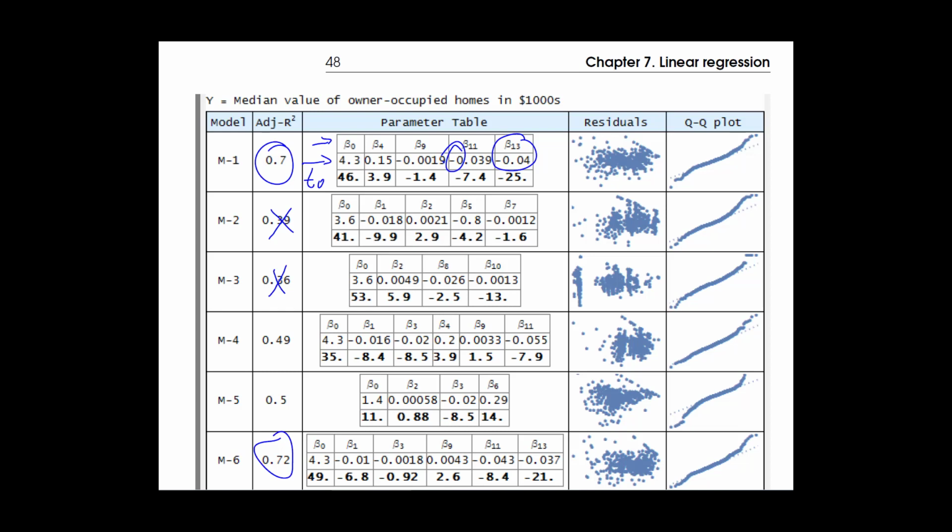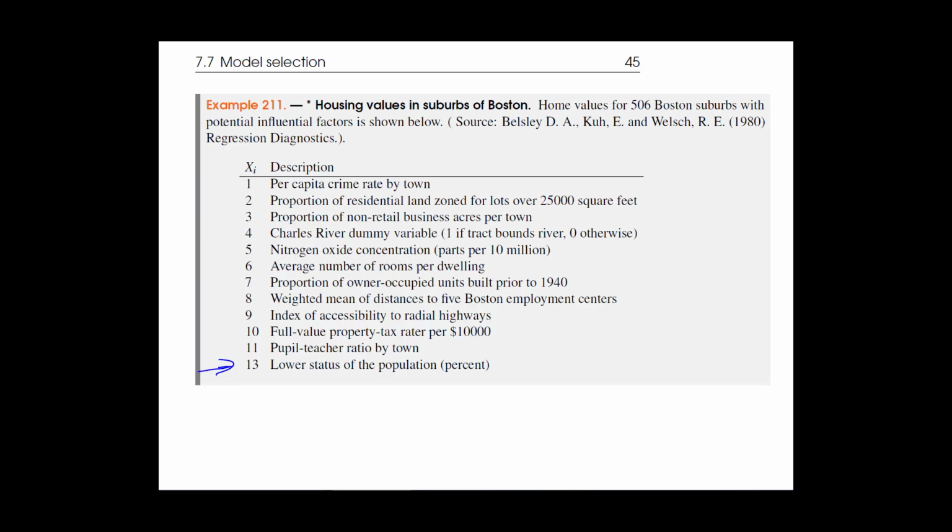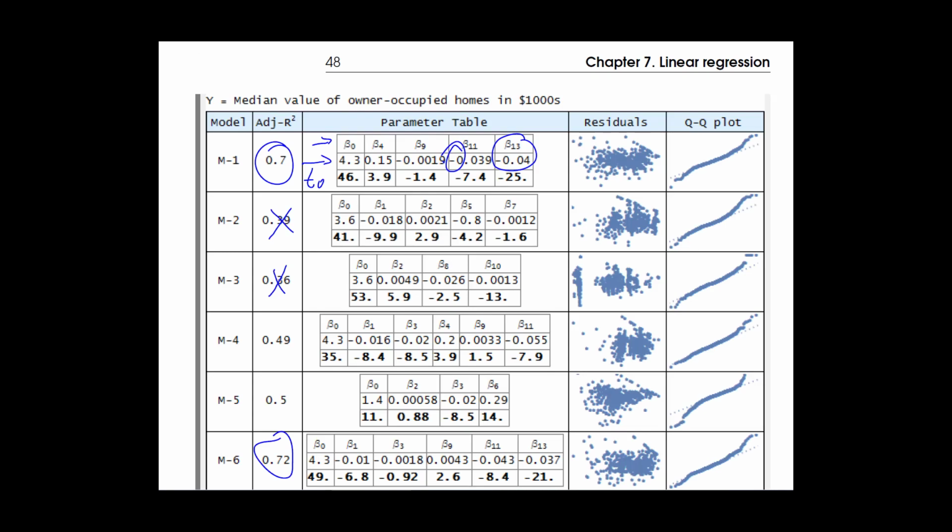Wait, is it teacher-pupil or pupil-teacher? Pupil-teacher. Oh yeah, I got it wrong. It's pupil divided by teacher, I thought it was the opposite. So you want this number to be low. If this number is low, the price of houses should go up. So it's good that it's negative. Sorry about that confusion.